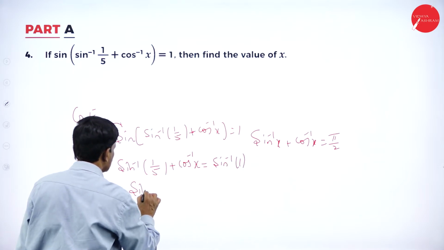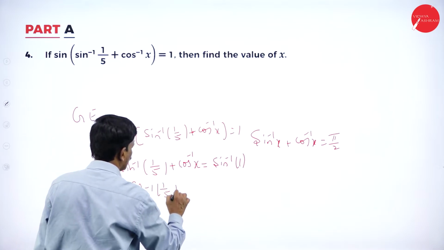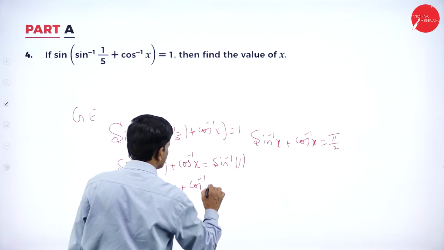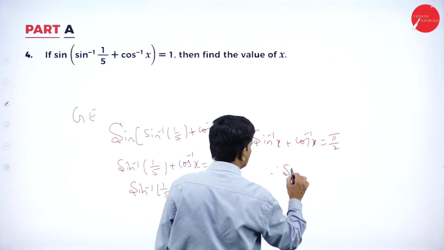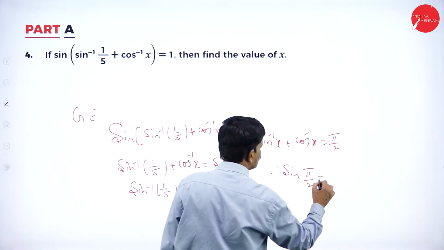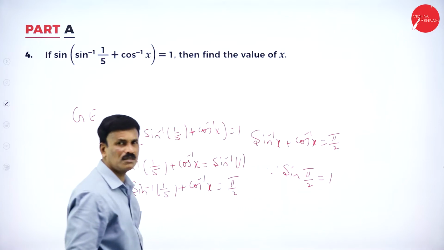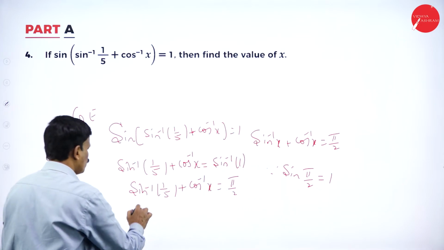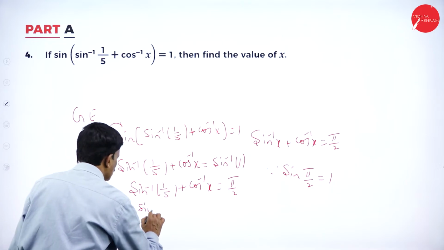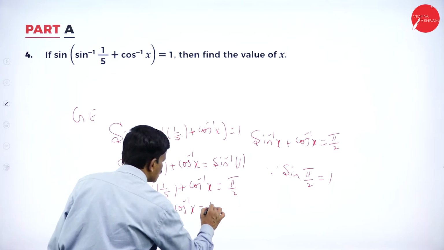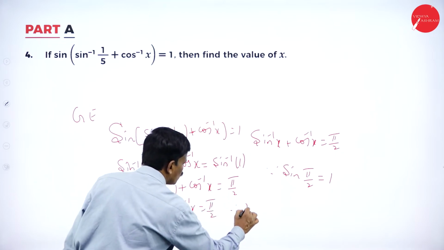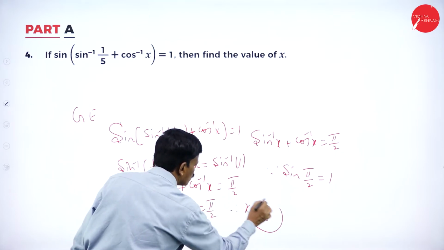This is sin inverse 1 by 5 plus cos inverse of x is equal to pi by 2, because sin 90 is 1, sin pi by 2 is 1. Now, if we compare, this is of the form sin inverse of x plus cos inverse of x is equal to pi by 2. Therefore, the value of x is equal to 1 by 5.